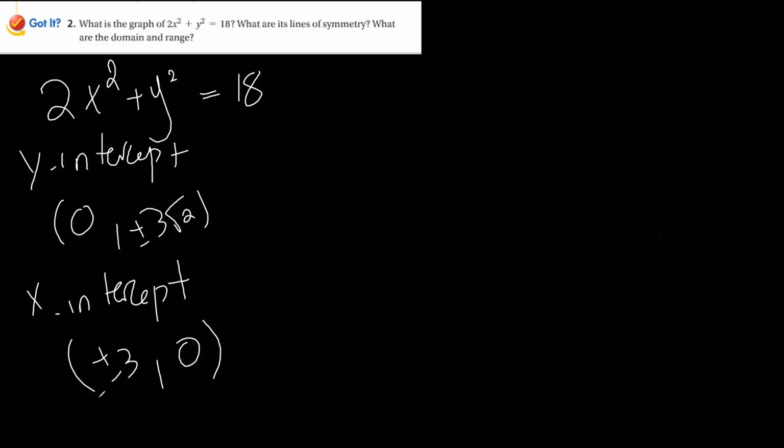So now, as you see from here, we have x and y added, so I'm talking about either a circle or an ellipse. Now, the points are 3 square root of 2, which means it will be greater than 3 and less than 4.